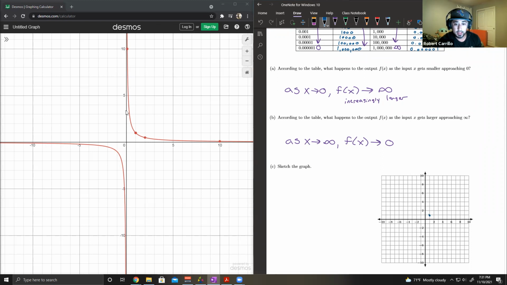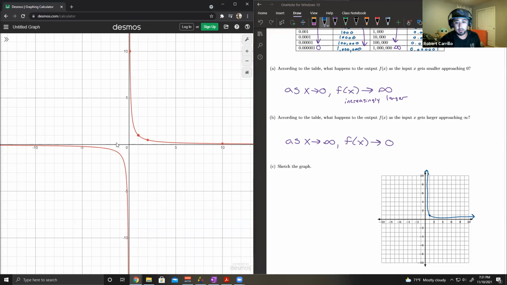And your graph would head up towards infinity and head out to the right. And then if you plugged in -1, as you see over here on the left side of our graph, you would get -1 and your graph would head down towards -infinity as your x values head towards -infinity.